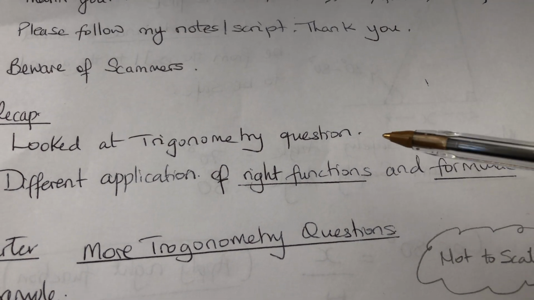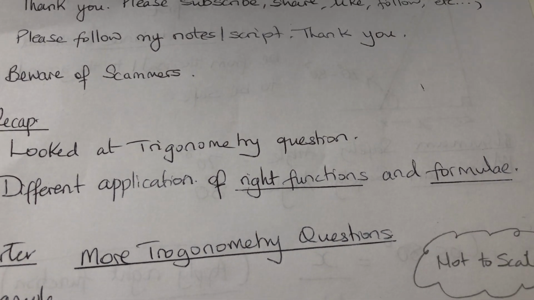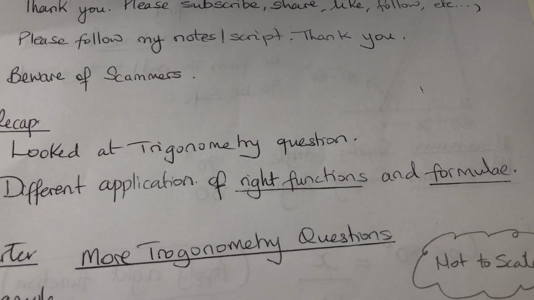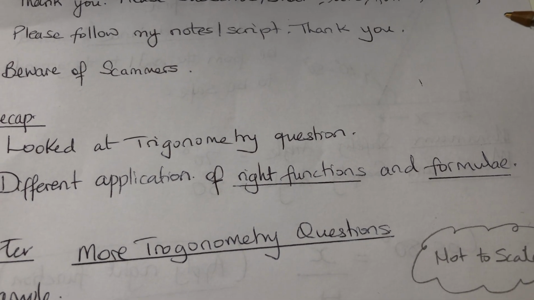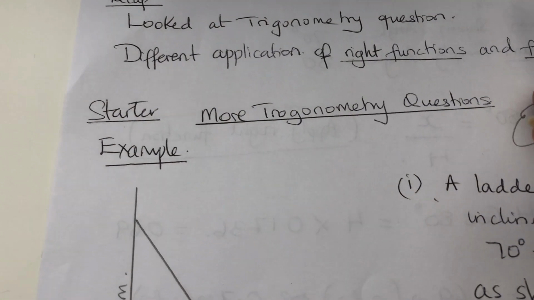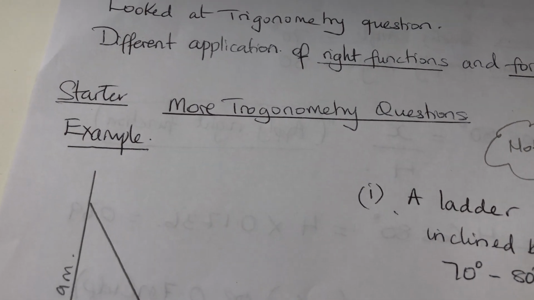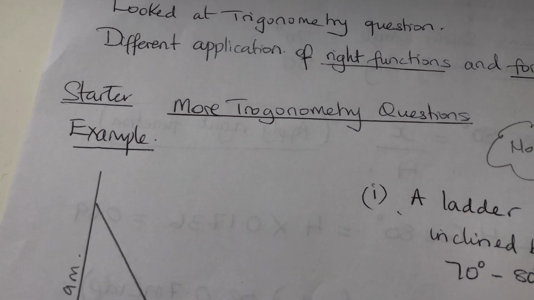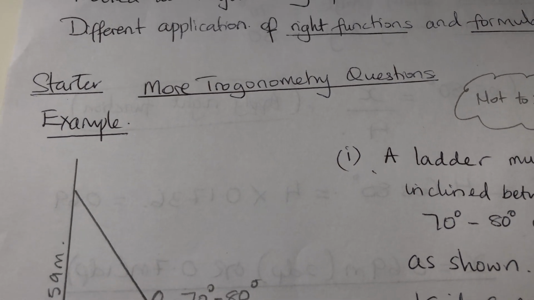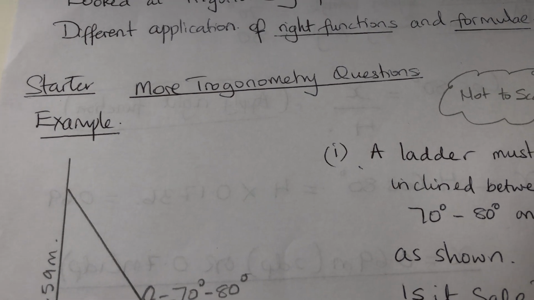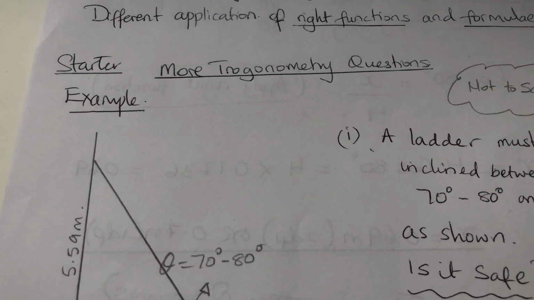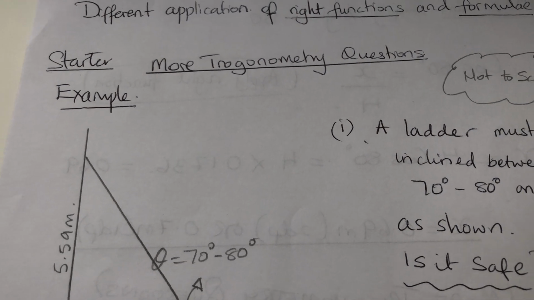But some of them, if you have the opposite and adjacent, you have to go by tan. If you go by sine, you are going to get a wrong answer. Okay, and the right formula as well. Now, I started today because we are doing a lot of trick questions. I'm putting in a lot of trick questions so that we can do as much as we can. So we start with tricks, and then we end today's video with more trick questions.